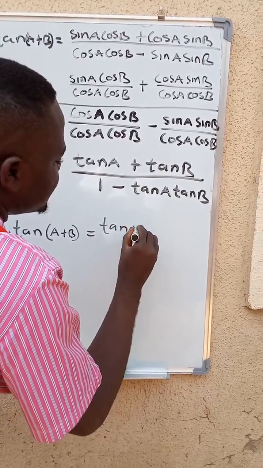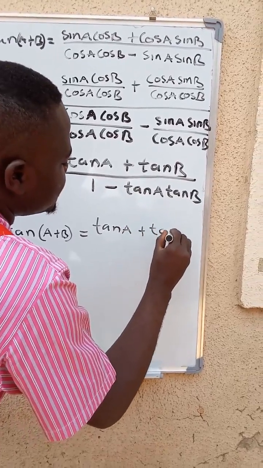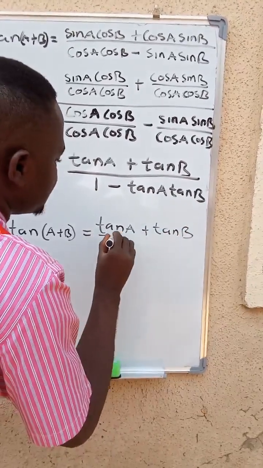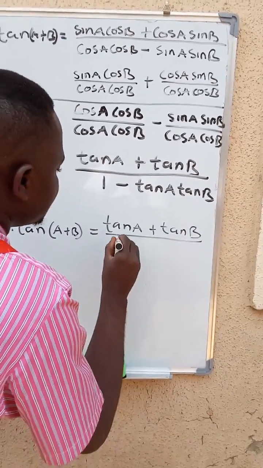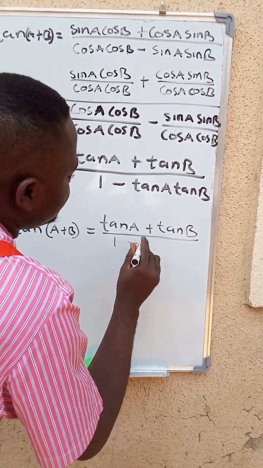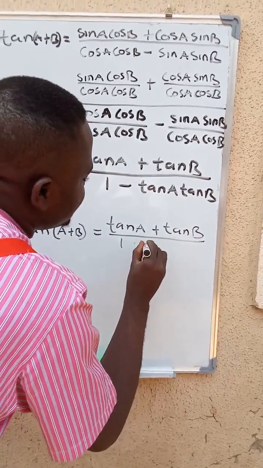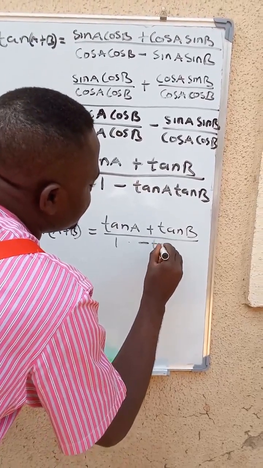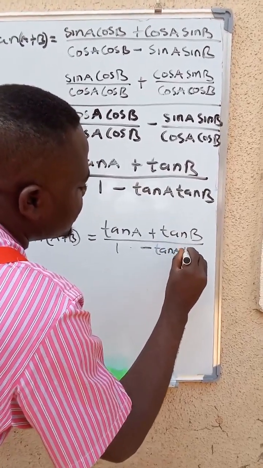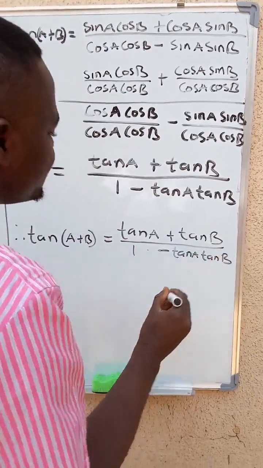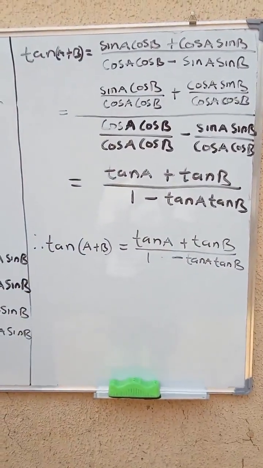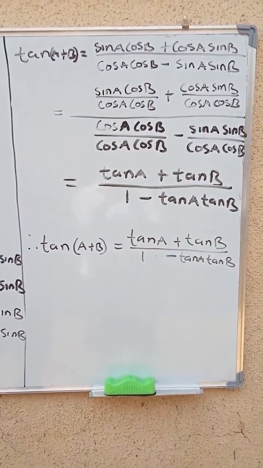Tan A plus tan B over 1 minus tan A tan B. Thank you. So we have to still look at another thing.